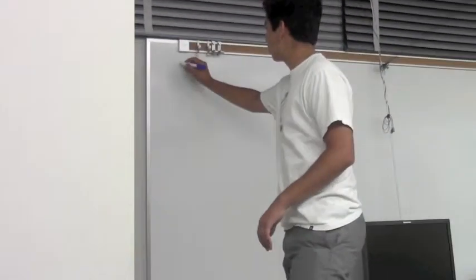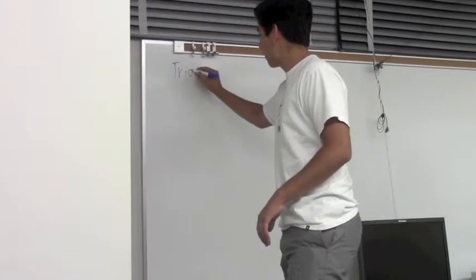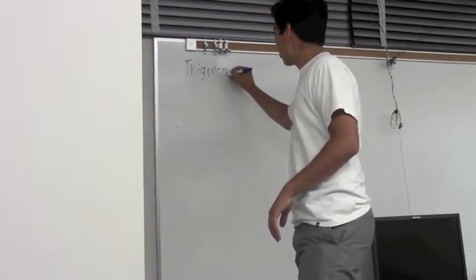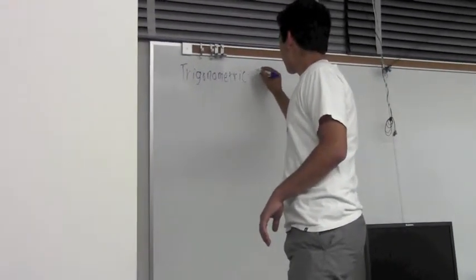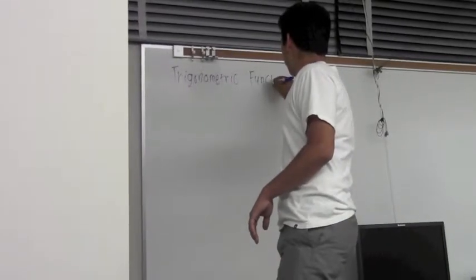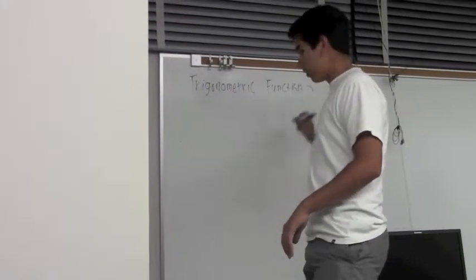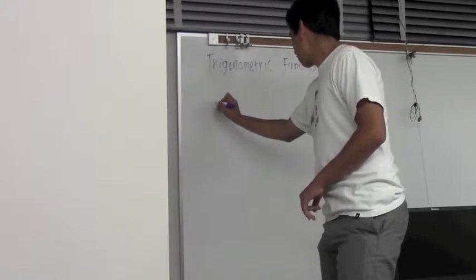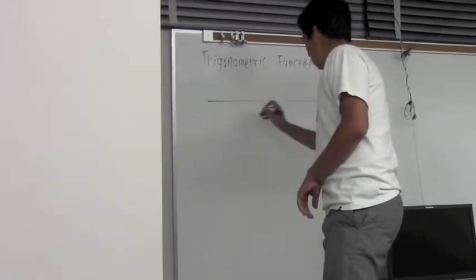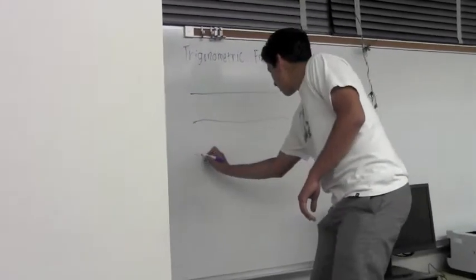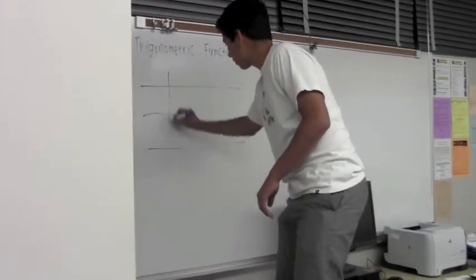Alright, so now we're going to do the trigonometric functions. And the way to figure these out is on a chart. So we're going to start with the first 3.